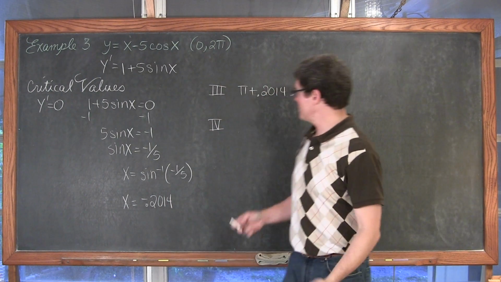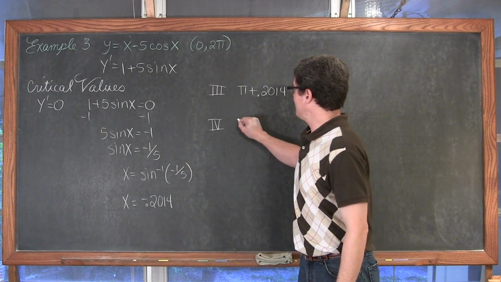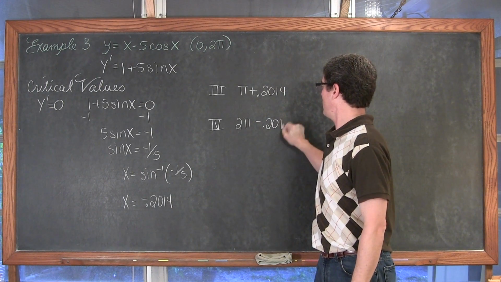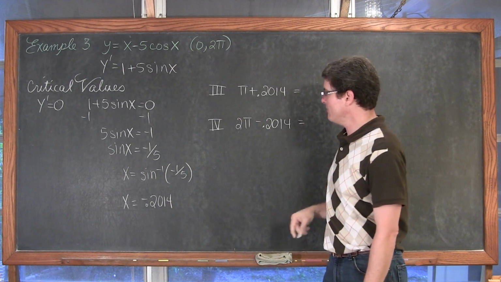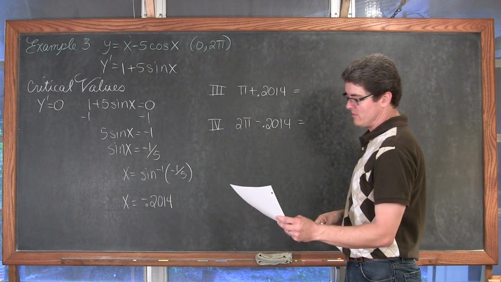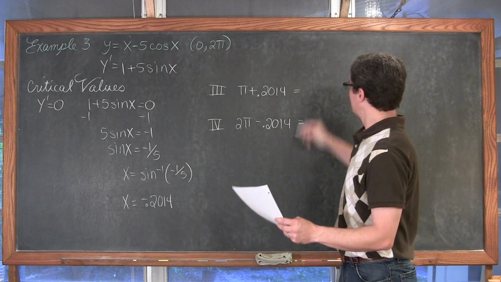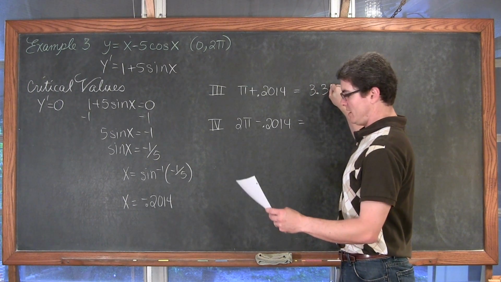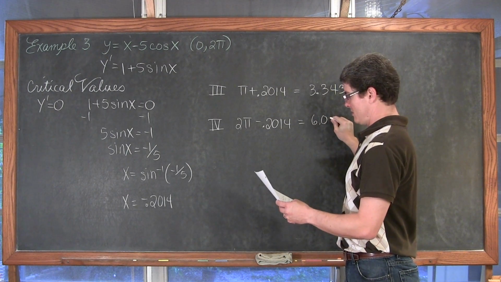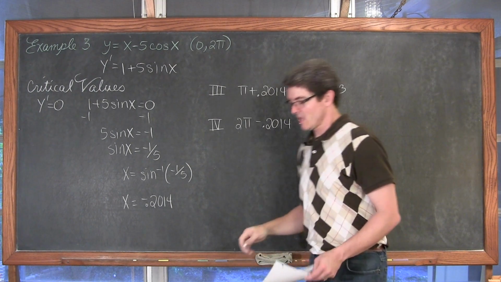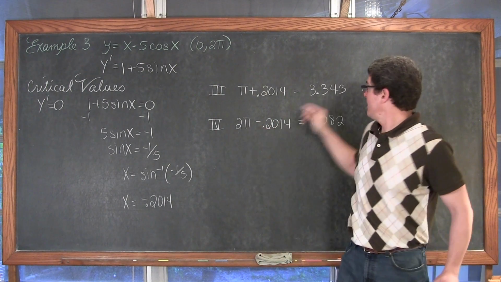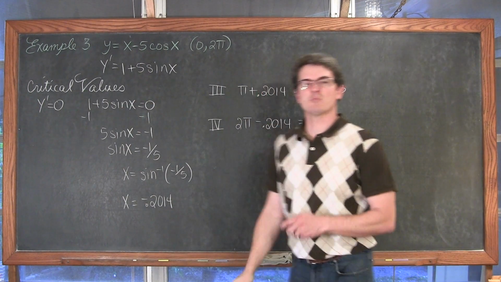So 2 pi, or 6.28, minus 0.2014 means that the x's I'm actually going to work with in the problem, my critical values, are 3.343 and 6.082. But I'm already taking up my whole chalkboard here, so I'm going to erase this scratch work and just put my critical values over there so I have some more room to work.